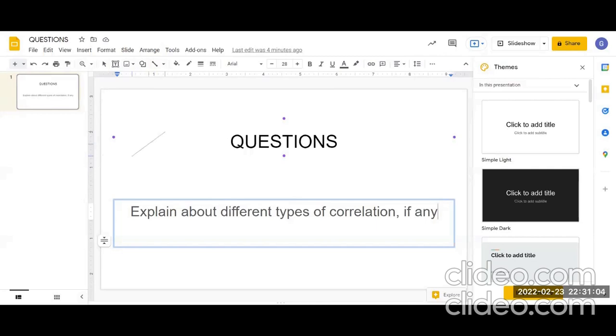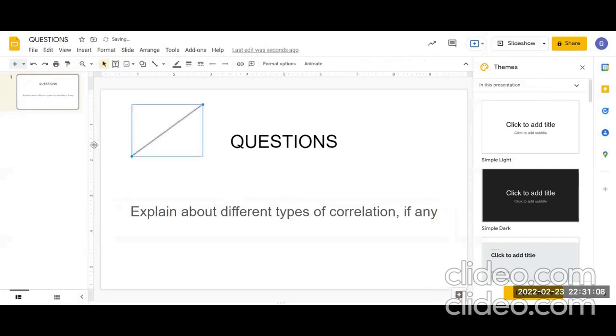Positive correlation is more or less like linear regression. The line would be increasing. If one variable increases, the other variable also increases, and it goes like this. Consider, for example, that if a kid receives too much candy, his or her happiness level increases. So it's a positive correlation.